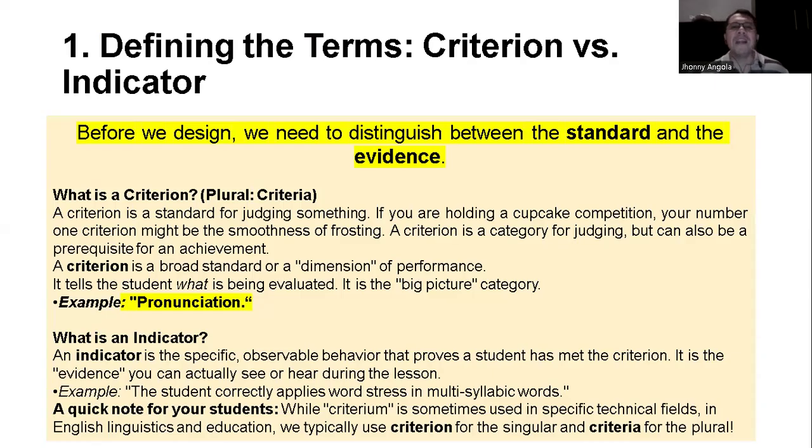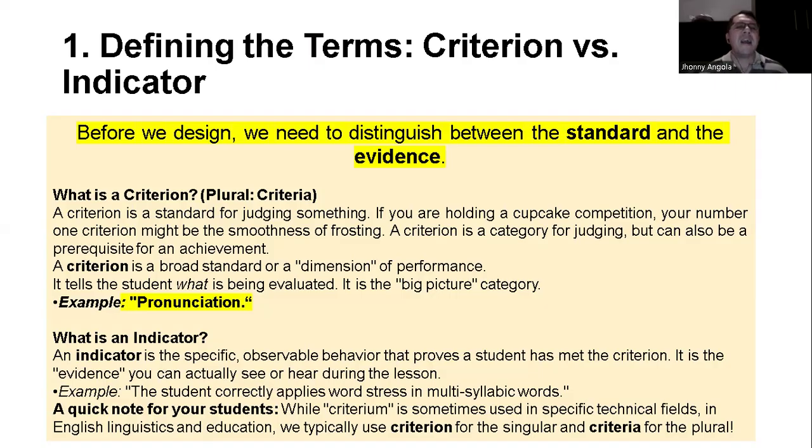Before we design, we need to distinguish between the standard and the evidence. The standard is related with criterion, and the evidence is the indicator. The standard word is related with the criterion. Criterion is the singular word, but in plural is criteria.